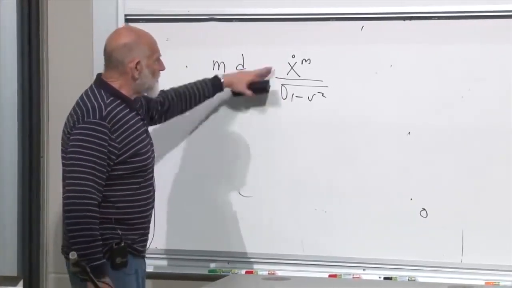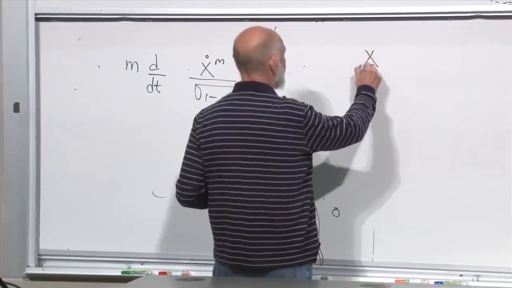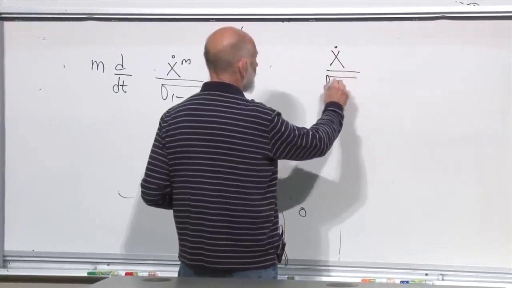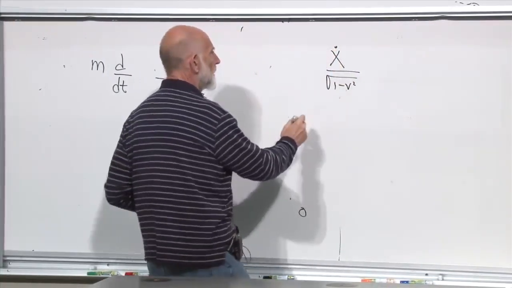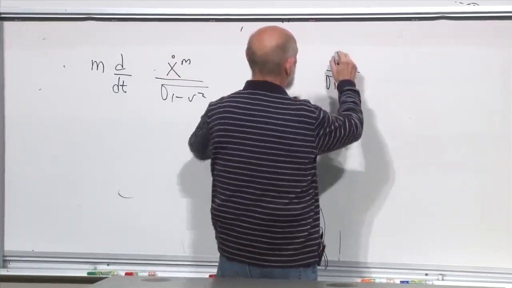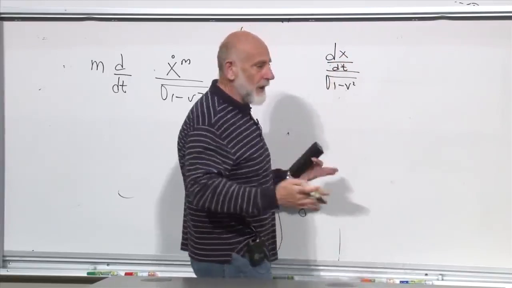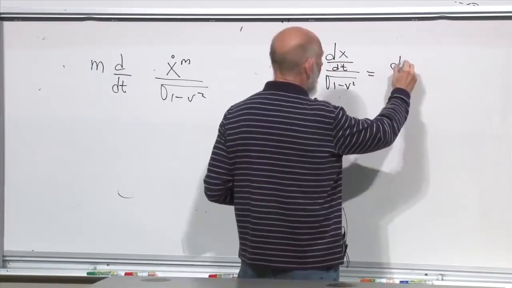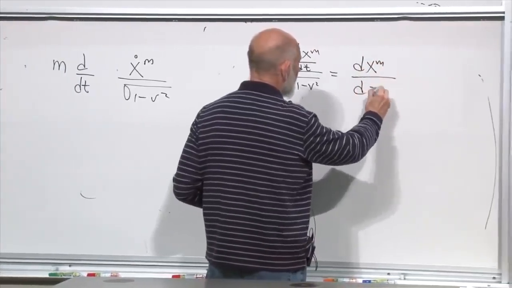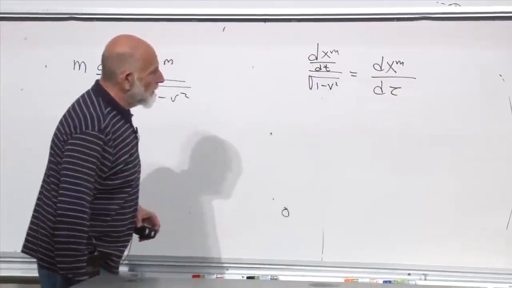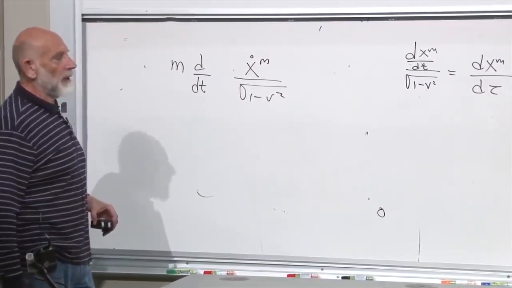This quantity, x dot over square root of 1 minus v squared, where x dot means dx by dt, happens to be exactly dx_m by d tau. Do you remember what we call that quantity, dx_m by d tau?